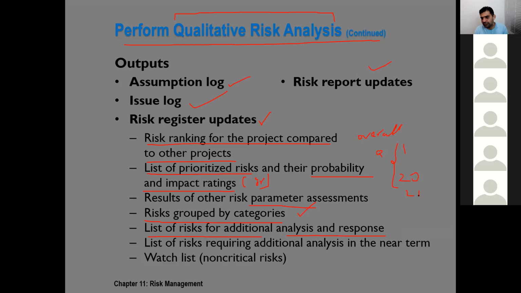For the rest of the risks, for example 21 to 200, we just prepare a response based on our qualitative analysis. And for the remaining risks, for example 201 to 250, we are not even going to prepare a response because probability is too low and impact is too low.